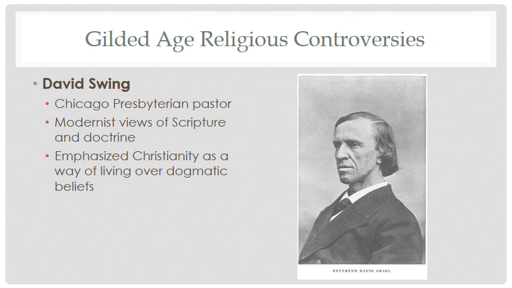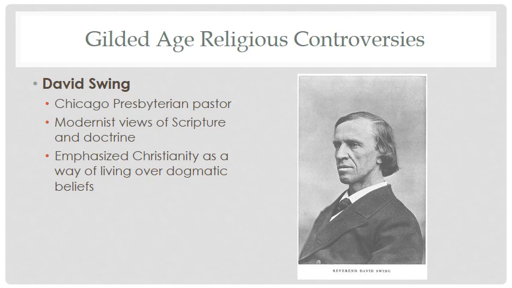A pastor by the name of David Swing, who was very popular and had a large following in the city of Chicago, begins to preach some messages that draw on theological liberal thinking, and begin to call into question some of the traditional beliefs of the Christian faith.